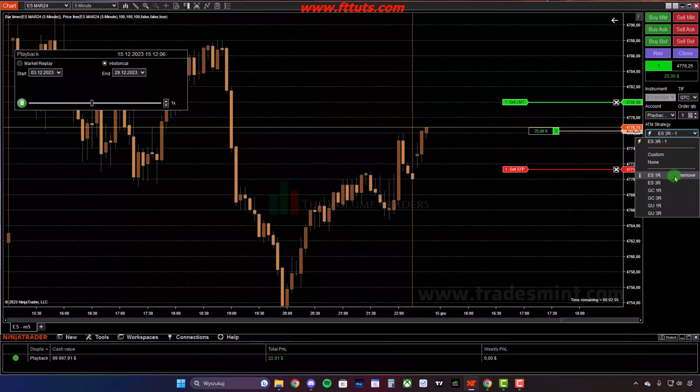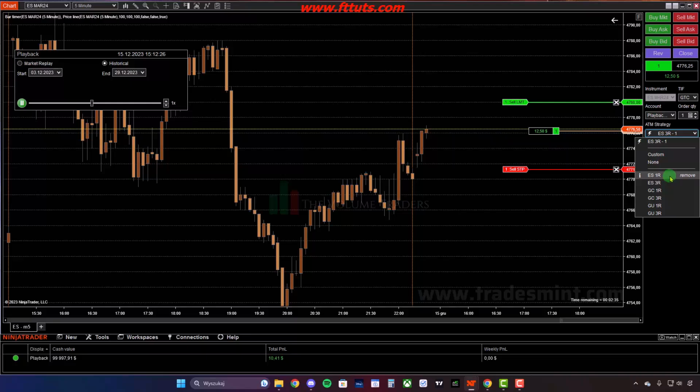As you can see, I have some different risk to reward settings. My advice would be also to have different strategies for different sizes of the stop loss.